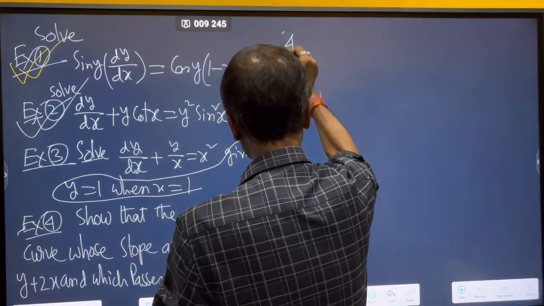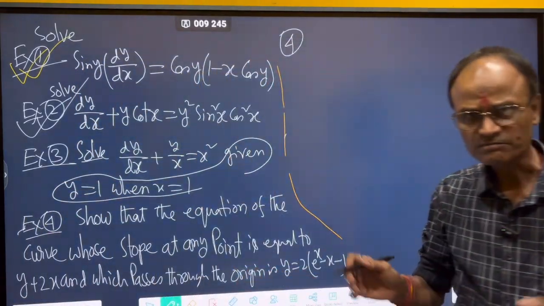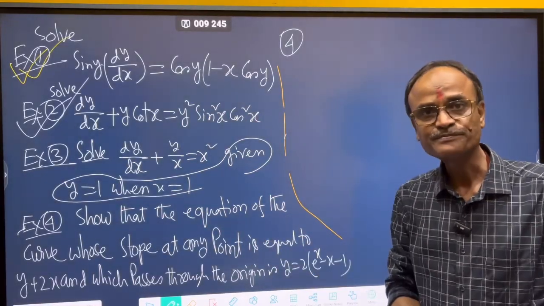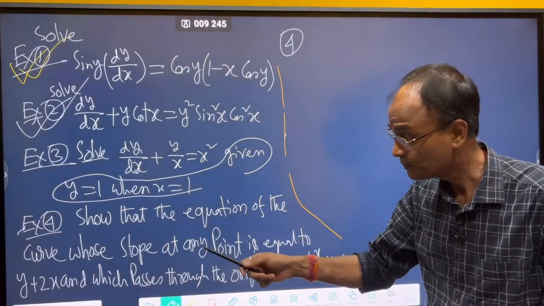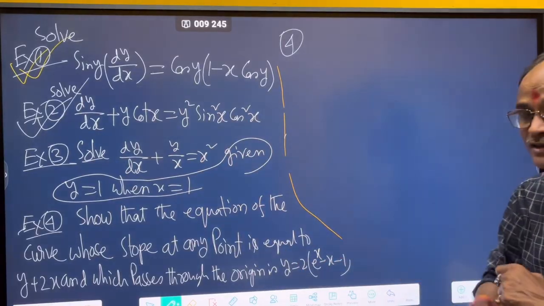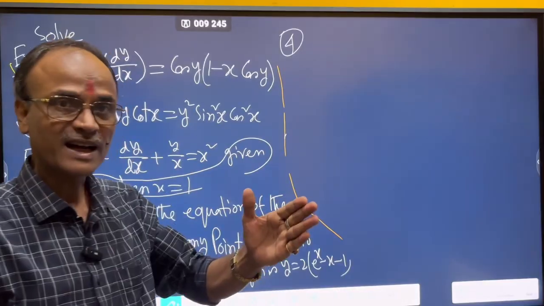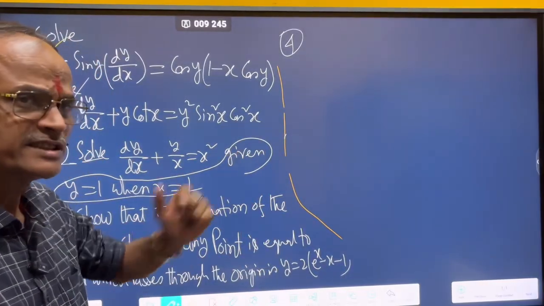Number 4. Find the equation of the curve whose slope at any point is equal to y plus 2x. The slope of the curve is dy by dx.